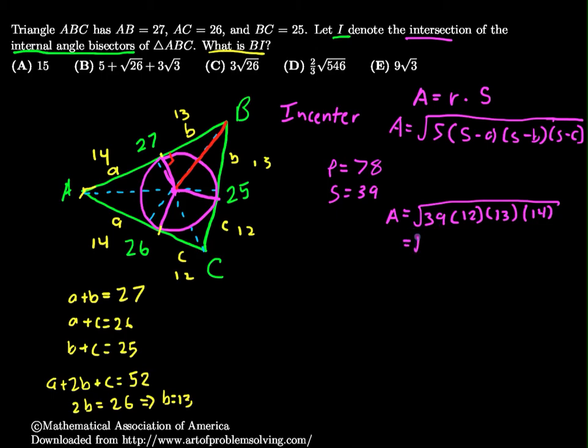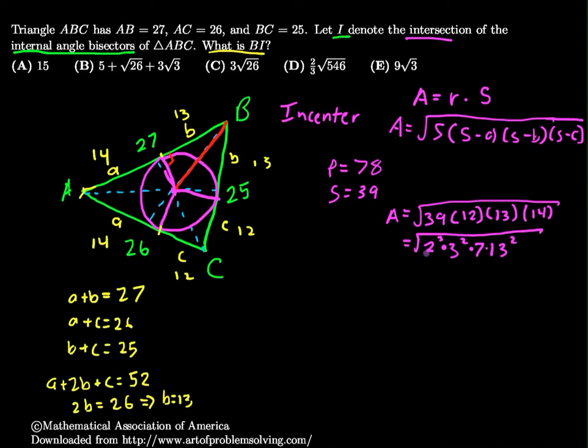So the 39 is 3 times 13. 12 is 3 times 2 squared. 13 is 13, and 14 is 2 times 7. So I have 1, 2, 3 2's, so I have 2 cubed. I have 2 3's. I have a 7, and I have 2 13's. That's the prime factorization of this.